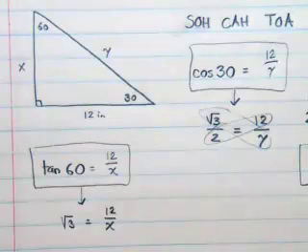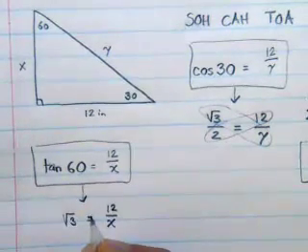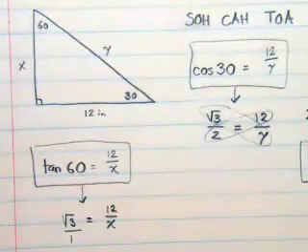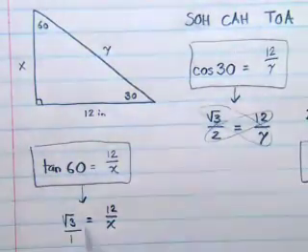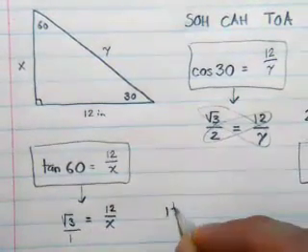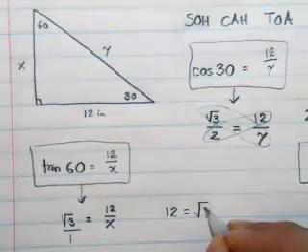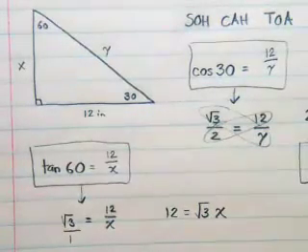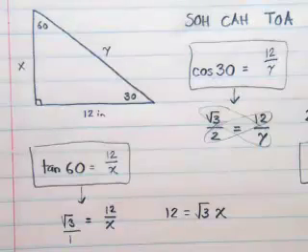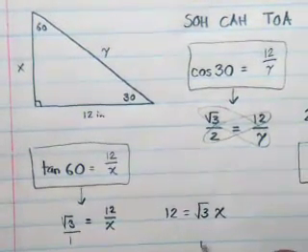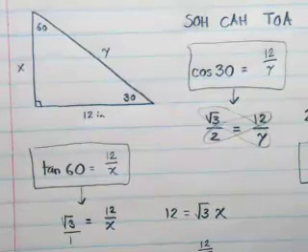If you would rather, if it makes more sense to you, and you want to make this square root 3 over 1 so you can do your cross multiplying a little easier, that's fine. Be 12 times 1 equals square root of 3 times x. So the length of x would be 12 divided by the square root of 3.